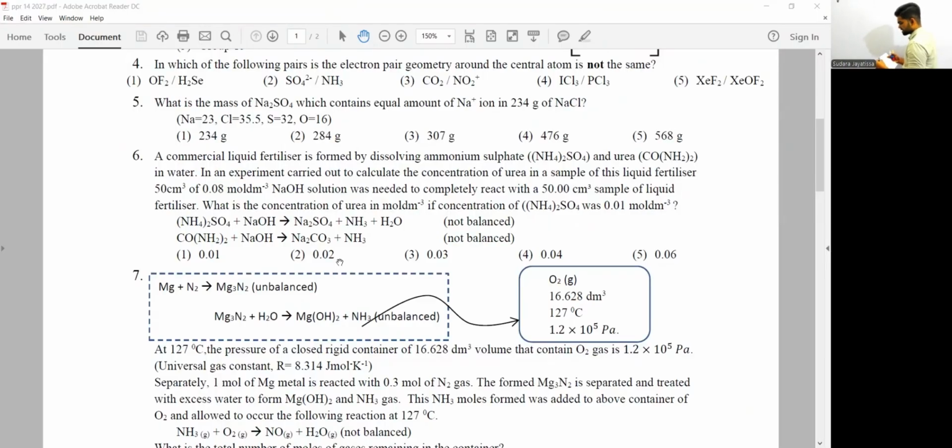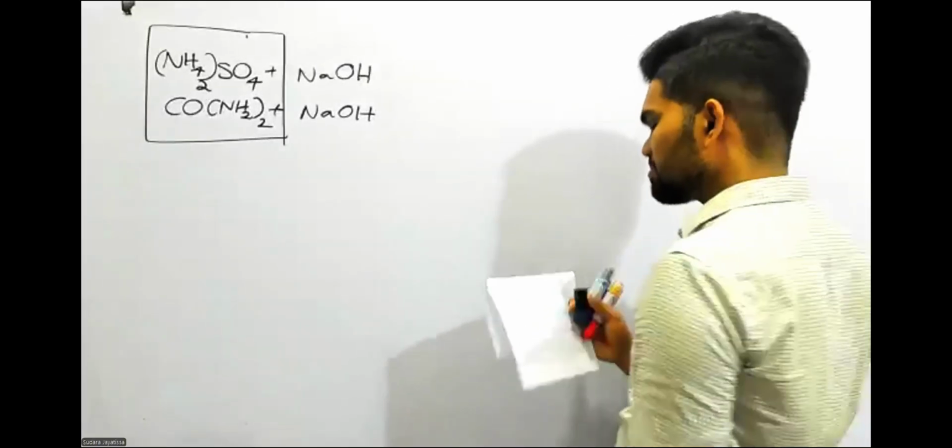Question 6. Commercial liquid fertilizer is formed by dissolving ammonium sulfate and urea in water. Then 2 reactions are given, showing how they react with sodium hydroxide, because to find out the composition of this fertilizer they use sodium hydroxide in a reaction.